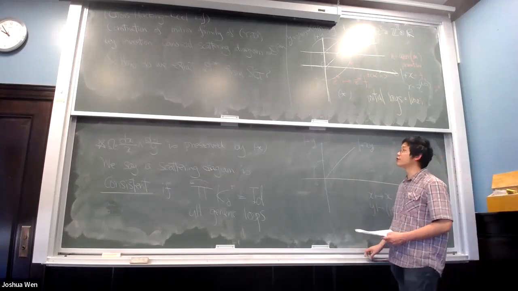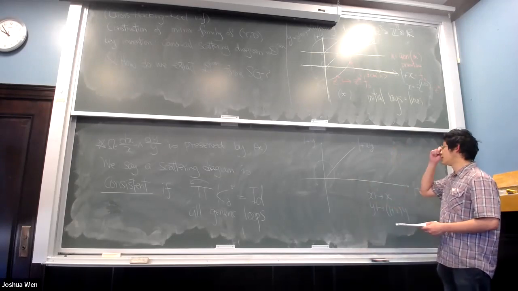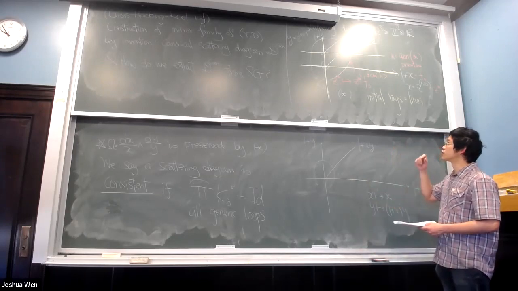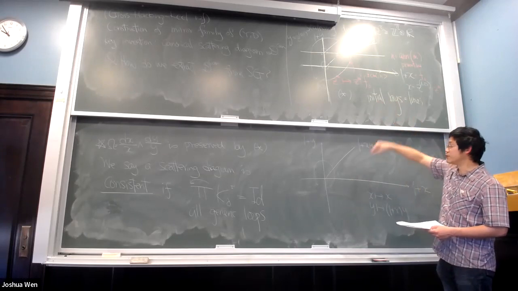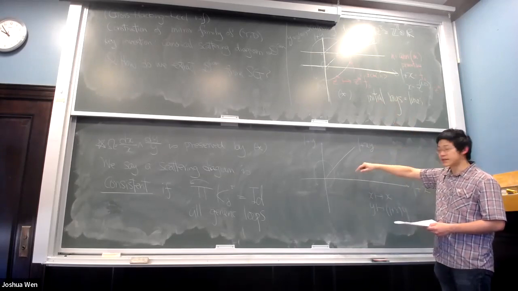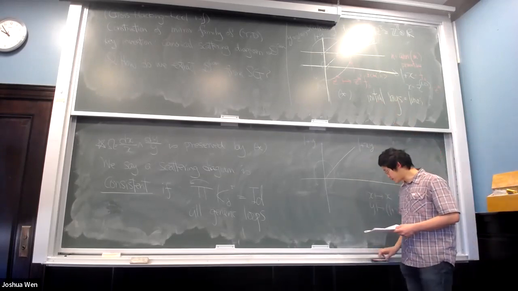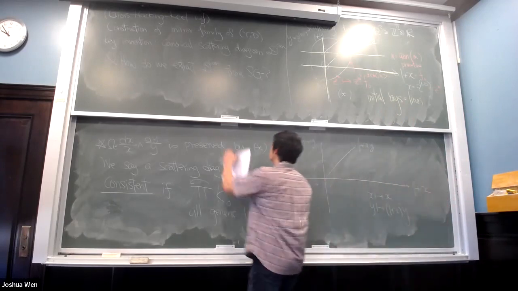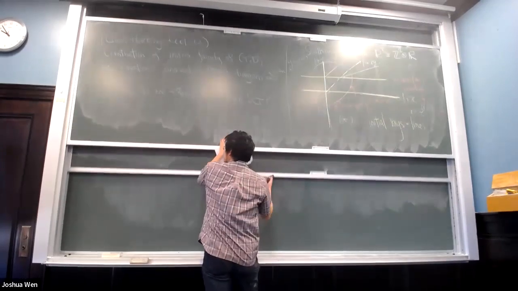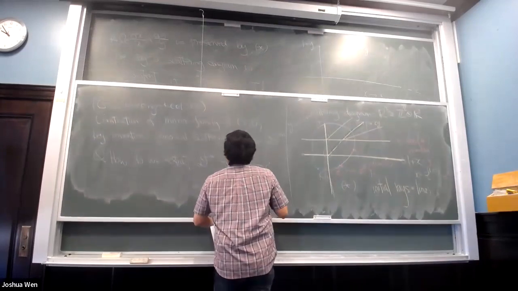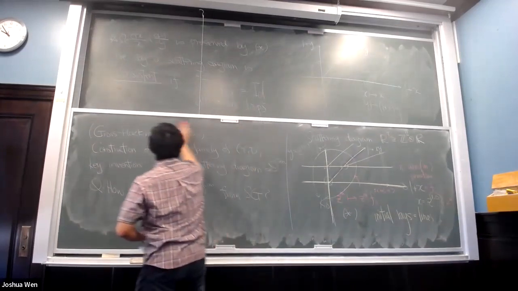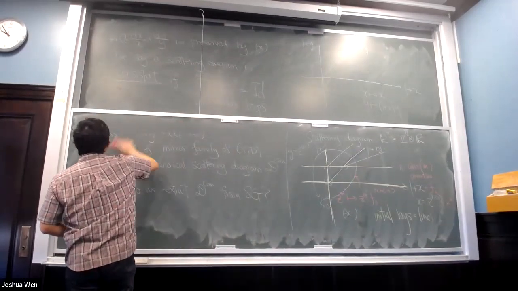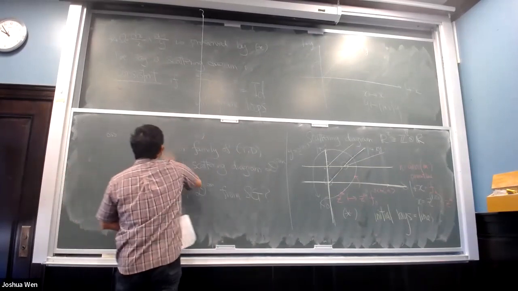So now I want to explain how to get the scattering diagram from counting invariants. This is done in the work of... I should not erase first.